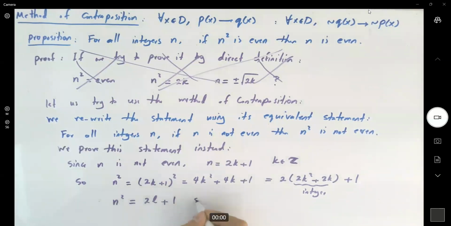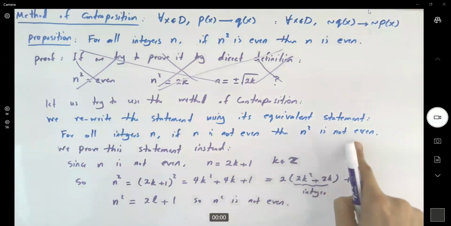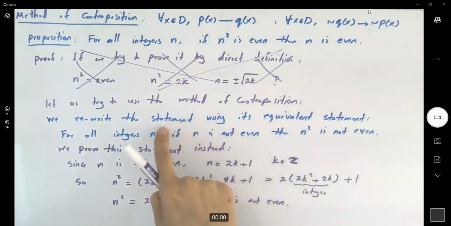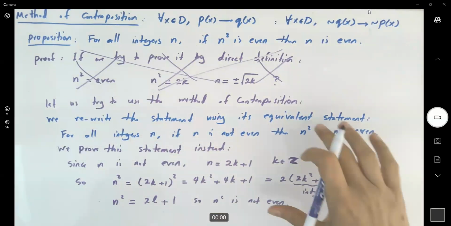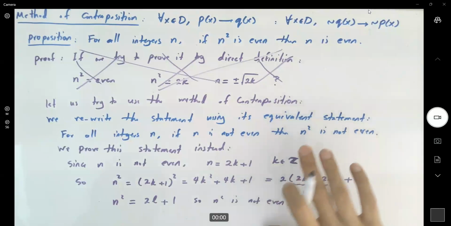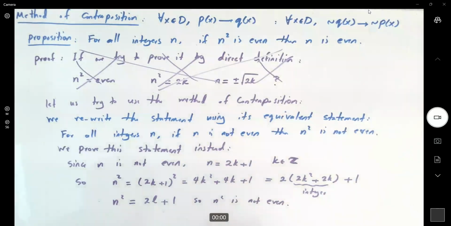So n squared is not even. We just proved that n squared is not even. We started from the hypothesis and proved the conclusion. So we proved this statement, which is the equivalent of the original statement, is true. It means that our original statement is true.